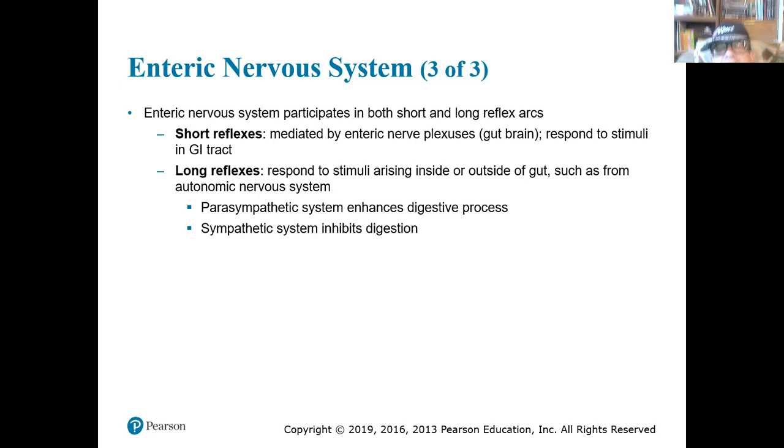Sympathetic would be, I know you just ate, but stop the digesting. We're going to send all of the blood to the brain because we have to run away from a bear right now. We have things to do. Parasympathetic, of course, would be the opposite. All that food you have, this is the perfect time to digest it. We're going to send blood there. Get ready.